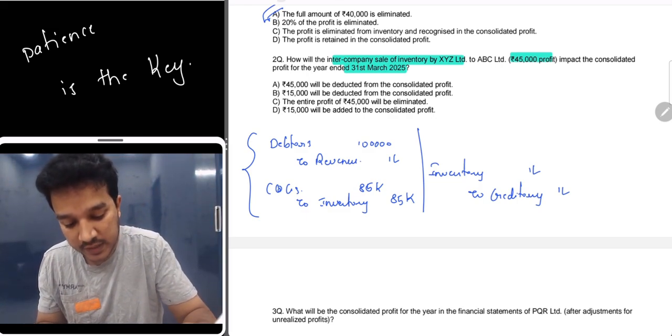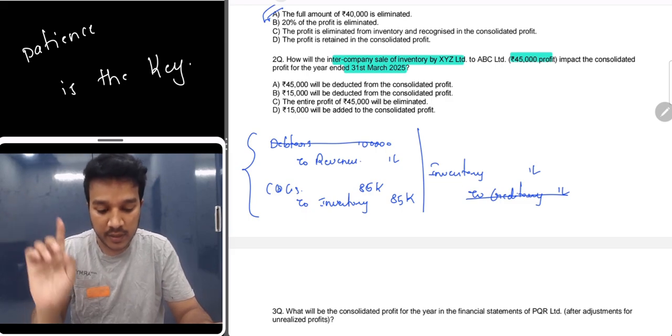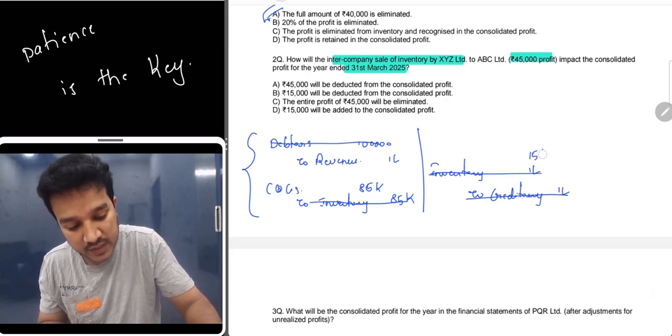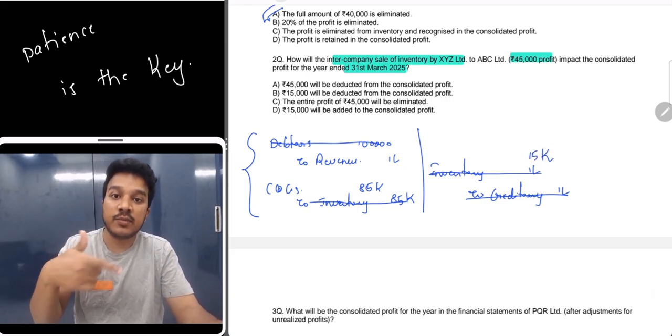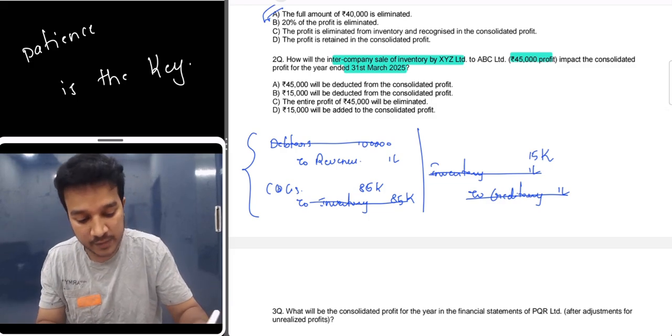Now when you are consolidating, all you have to do is eliminate debtors and creditors, debit and credit, and then inventory. Here it is 1 lakh and here it is only 85k, meaning 15k of inventory is still lying here. That is the profit element. Remember that inventory debit of 15,000 is still lying.